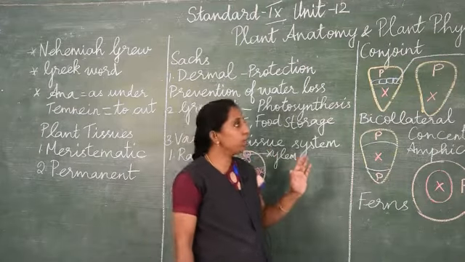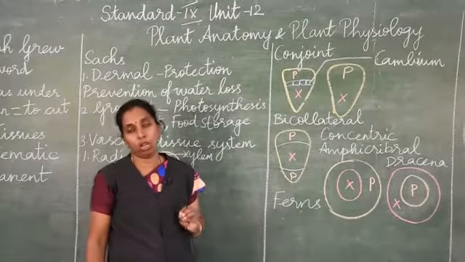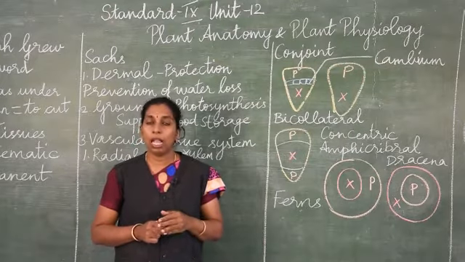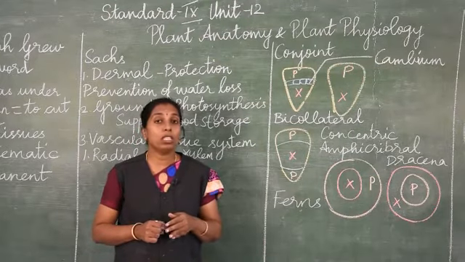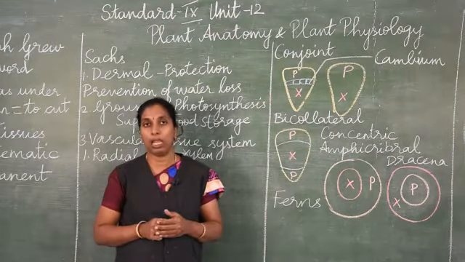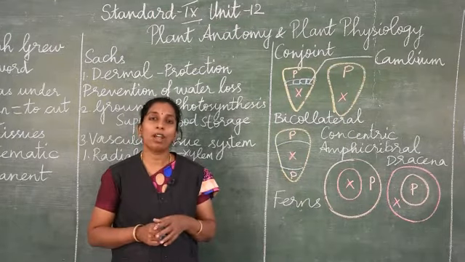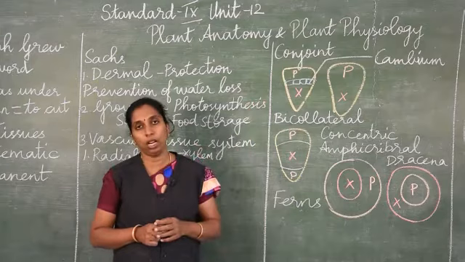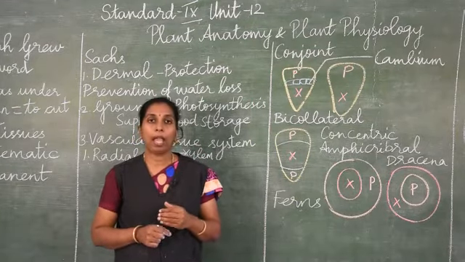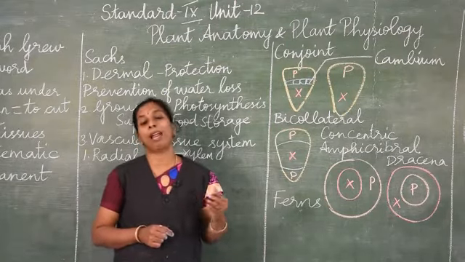The next one is plant physiology. What is plant physiology? Plant physiology is the physical, chemical and biological functions of plants. This definition is not given in your textbook, but you have to understand what plant physiology is.